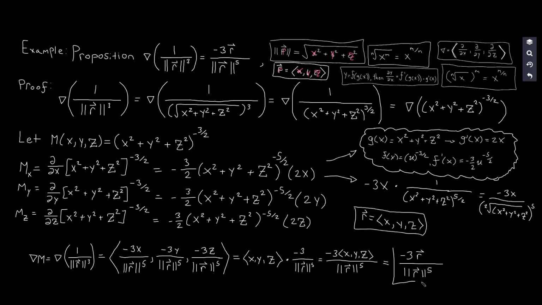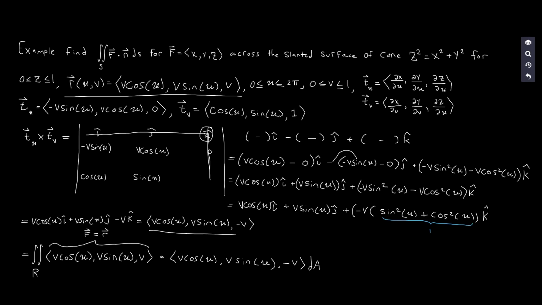And that was the proposition to begin with. And so this is the proof that this proposition here is correct. We've just shown that mathematically. Surface integral of a vector field, guys. This is how you do that.